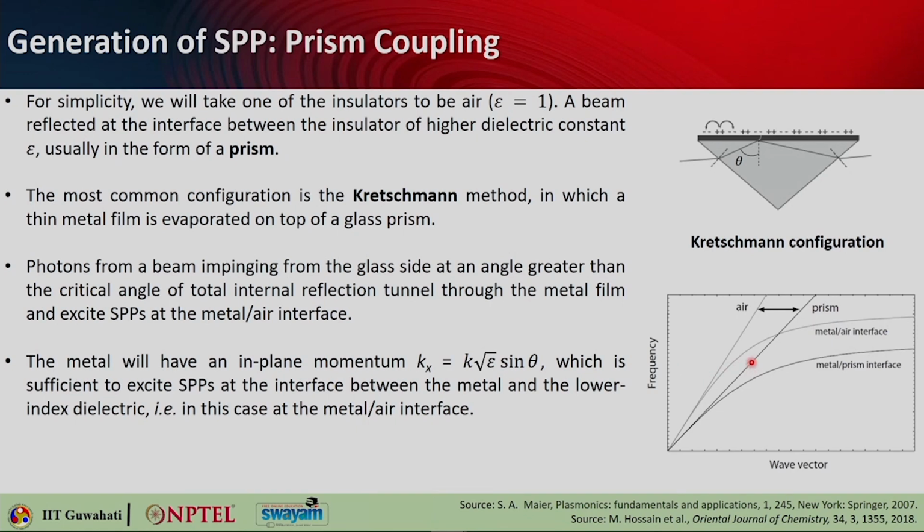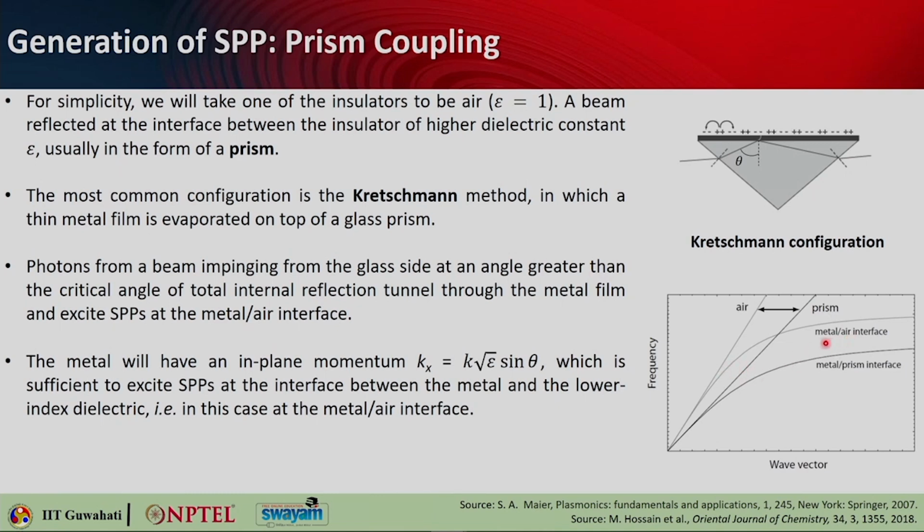Okay. So, by changing the angle of incidence, you will be able to match the kx component with the beta of the surface plasmon, and this is how you will be able to match them.